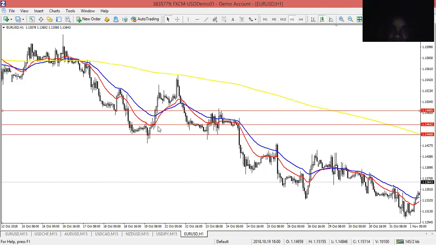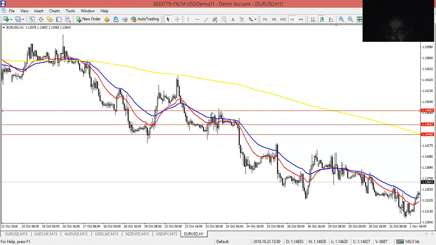Now this is what I'm saying. We had a cross here. The price now fell to this low. This is the previous low before I had a pullback to this height.